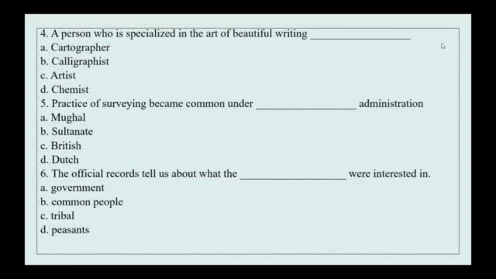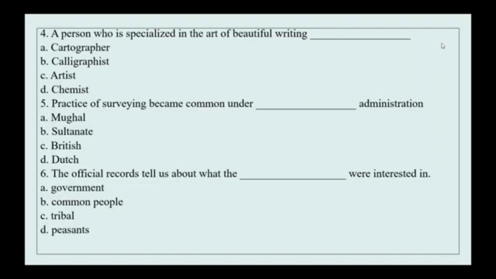The fourth question is, a person who is specialized in the art of beautiful writing is known as Dash. Option A, cartographer. Option B, calligraphist.